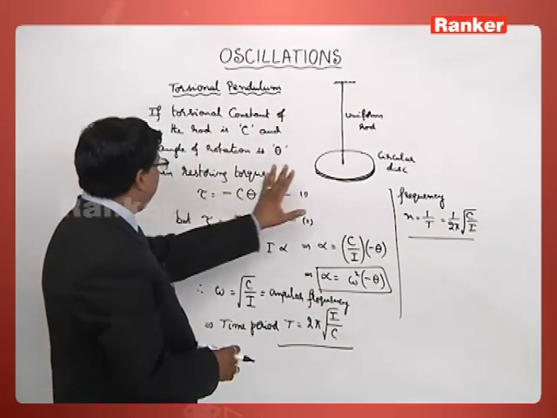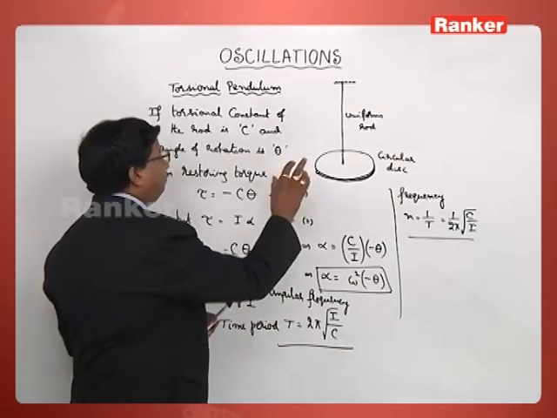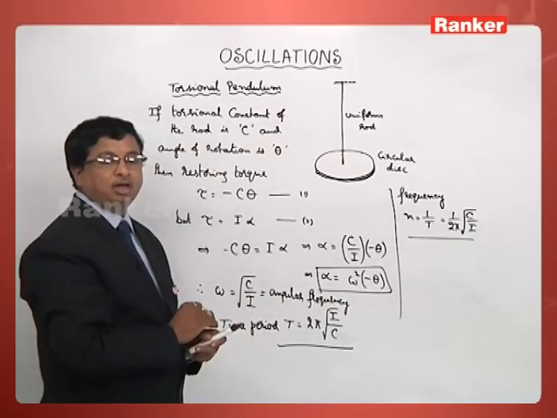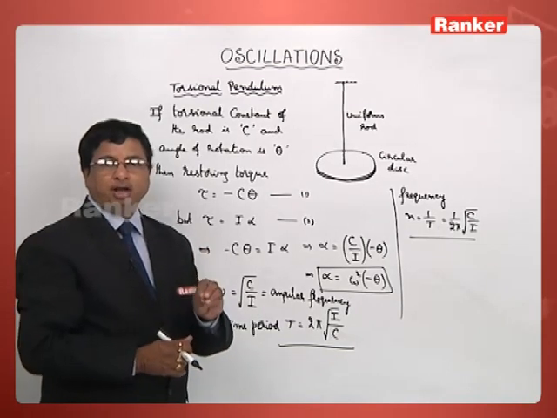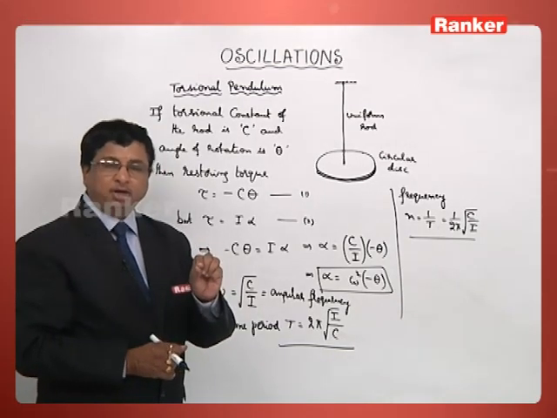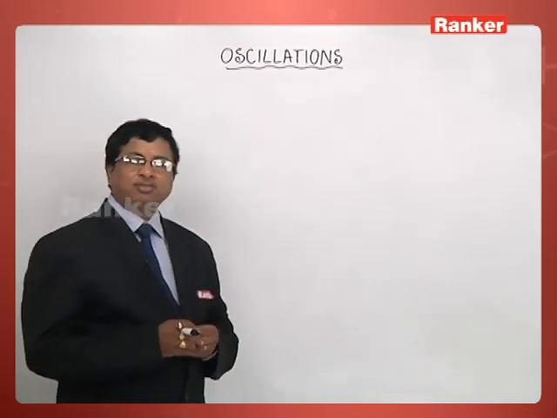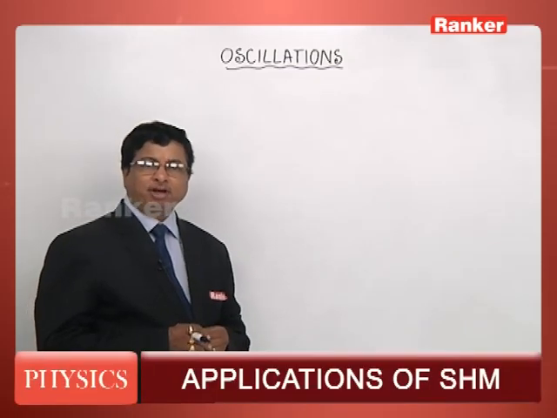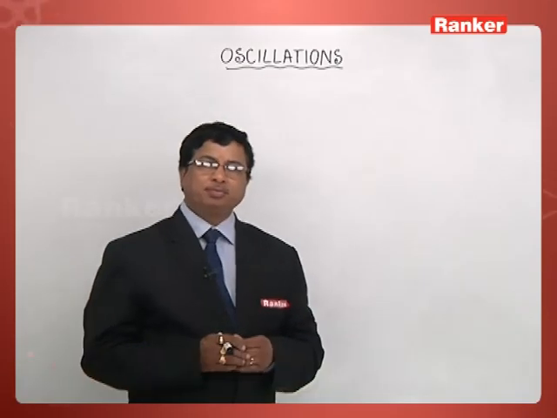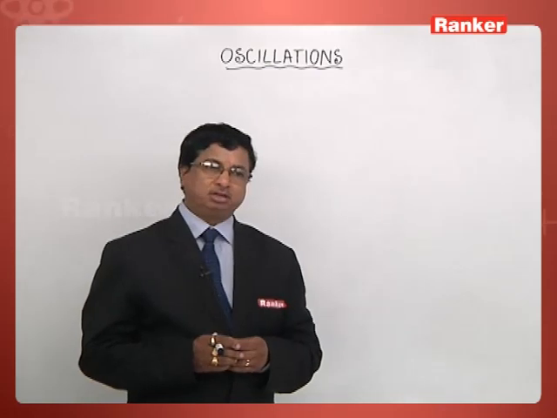This is another example showing that the oscillations of this torsional pendulum are also simple harmonic, an example of angular simple harmonic motion. The concept of the torsional pendulum is used while deriving an expression for the time period in the case of a vibration magnetometer in the magnetism topic.